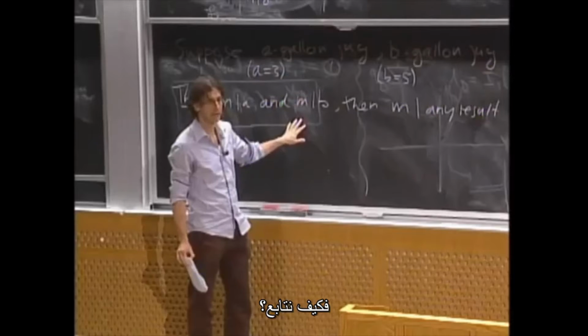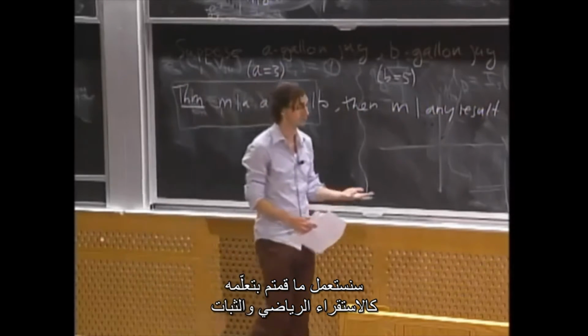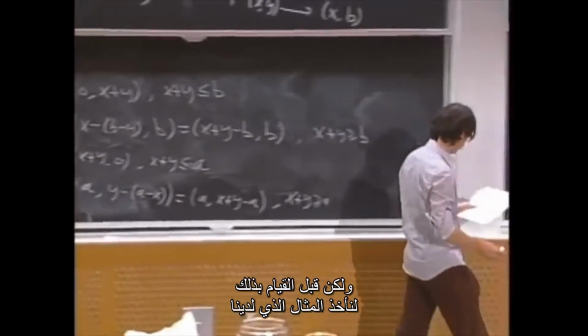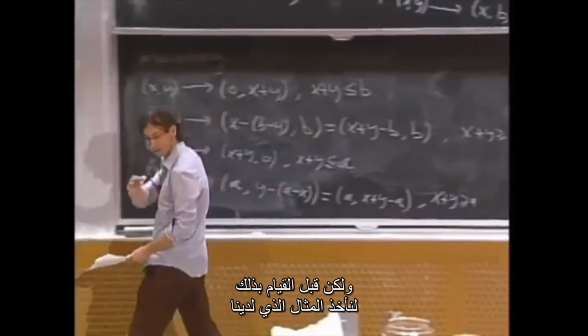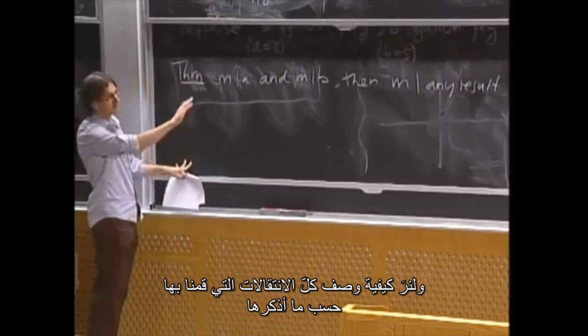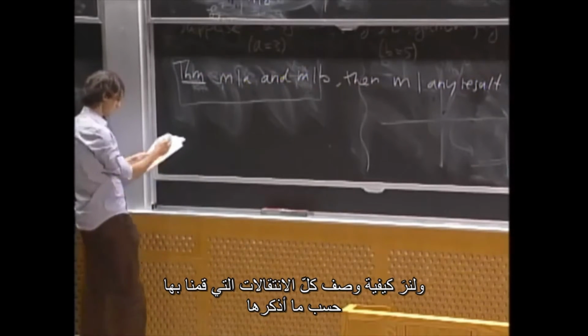So how do we go ahead? Well, we're going to use what you have learned, like induction and invariance. So let's do it. But before we actually do this, let's take this example that we had and see how we can describe all the transitions that we just did, as far as I remember them.